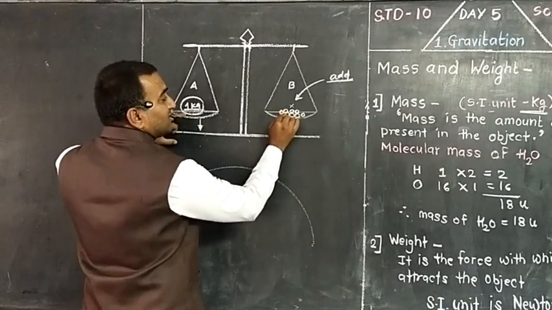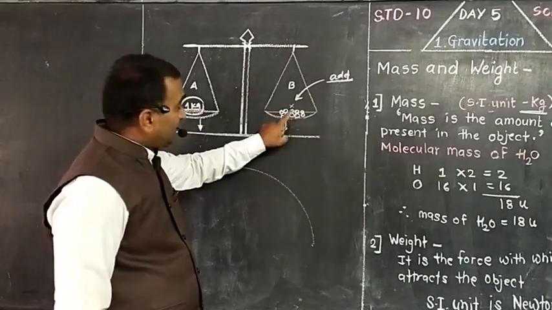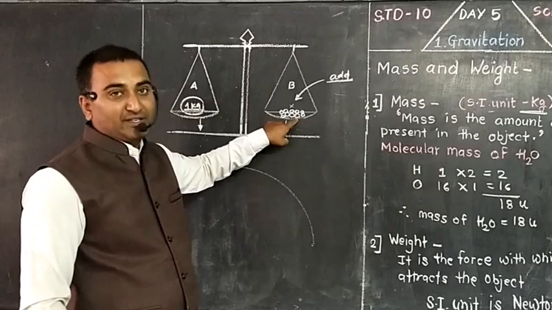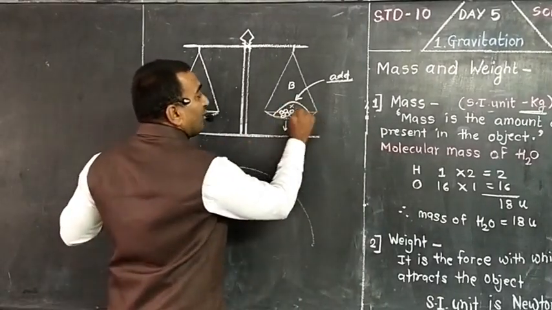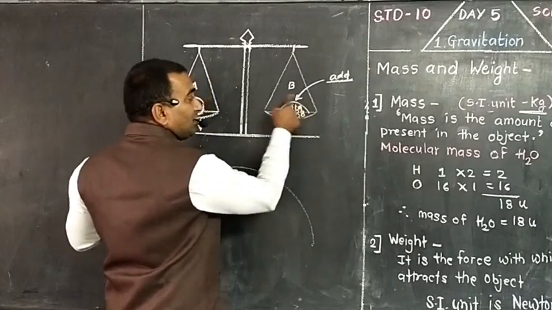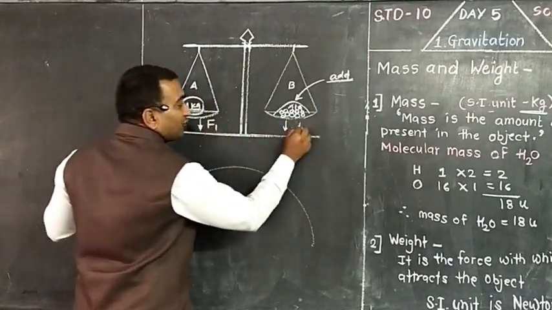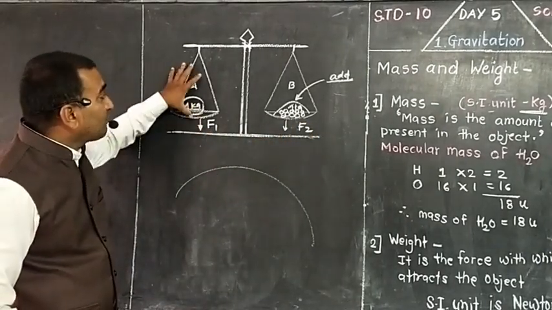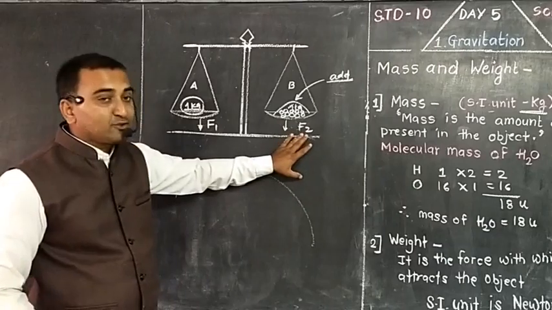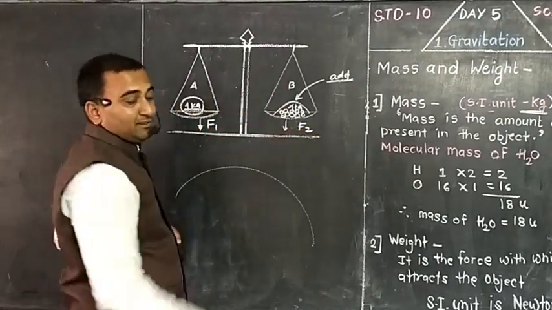As the quantity starts to increase, that means the mass starts to increase, and here the force also starts to increase. And as it is 1 kg, the total mass is 1 kg against the forces F1 and F2. Force F1 is the force on pan A and force F2 is the force on pan B, and they remain equal.